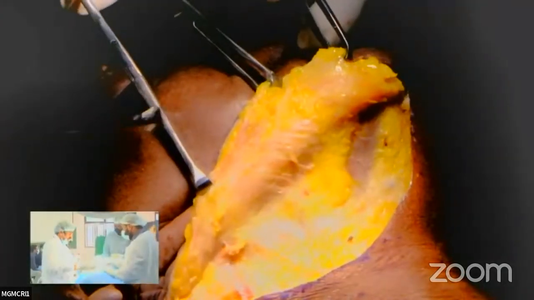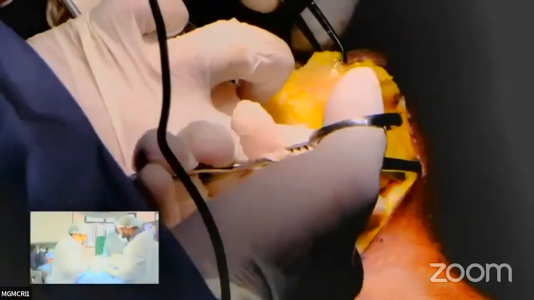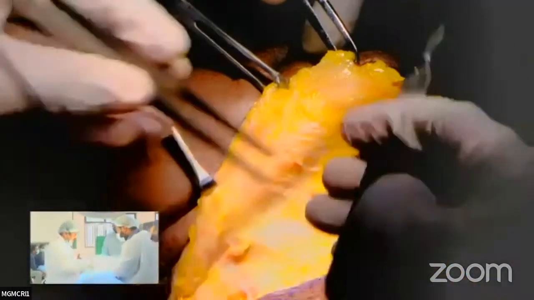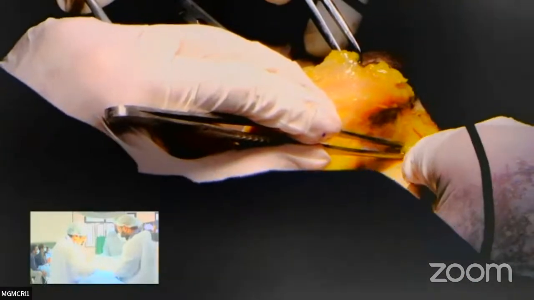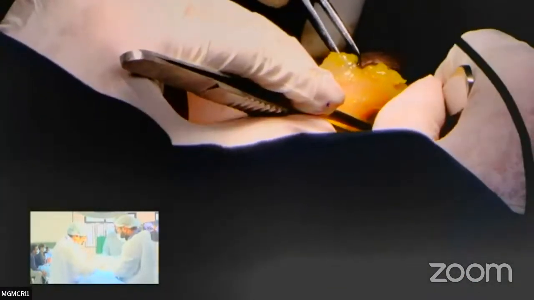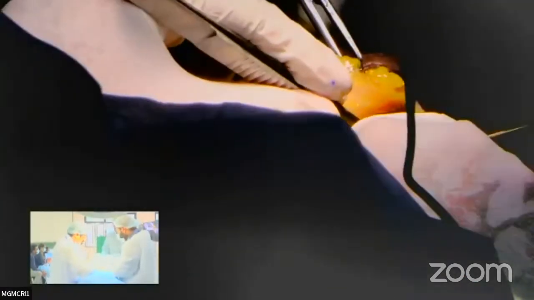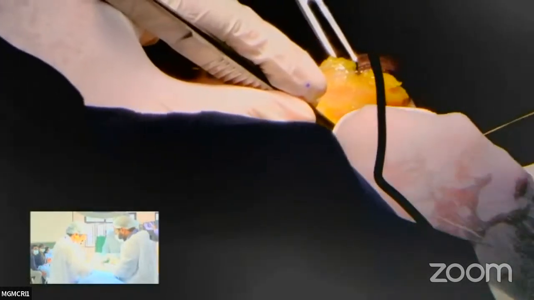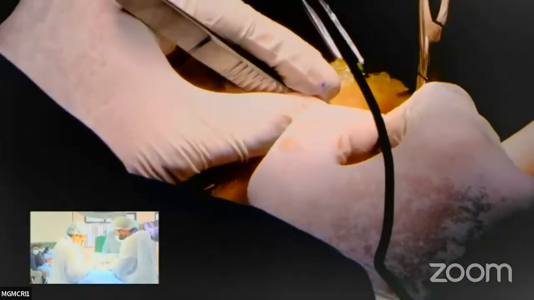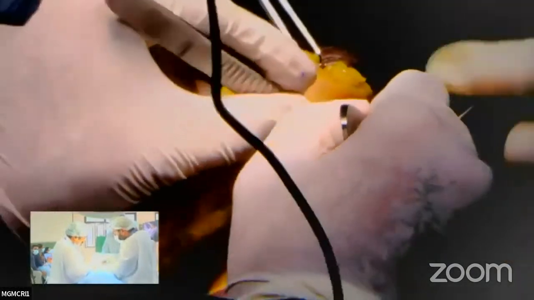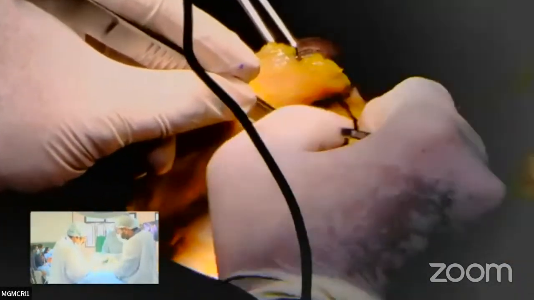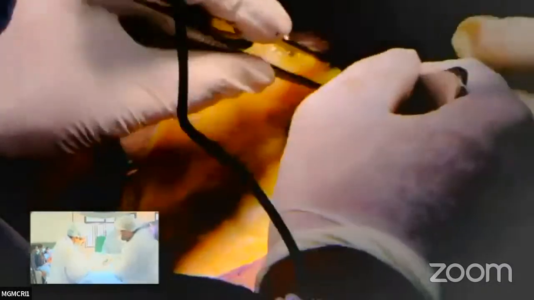So to do the level 1A, we will raise a little bit on this side. Level 1A is in between the two anterior bellies of digastric. This is the platysma on the other side. Gentle. Beautiful. So this is your digastric on the other side.